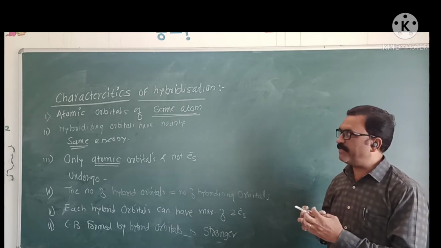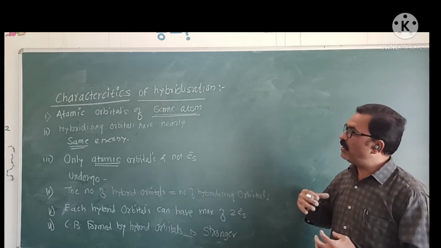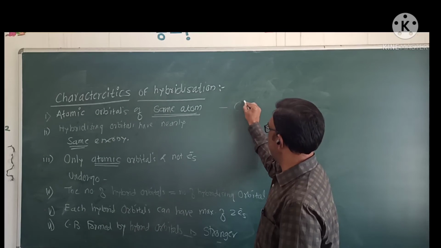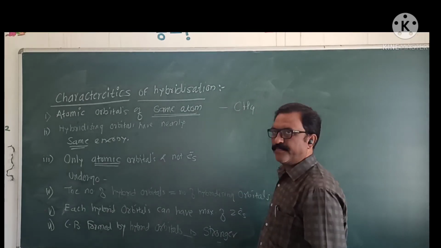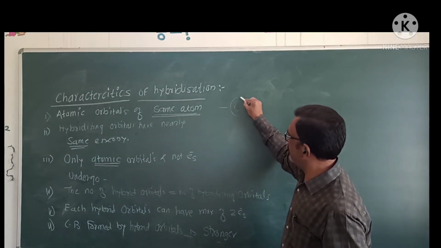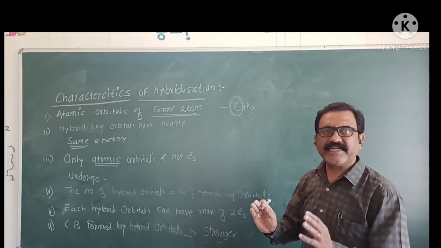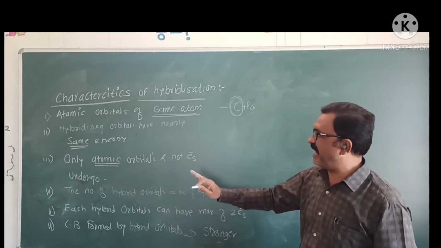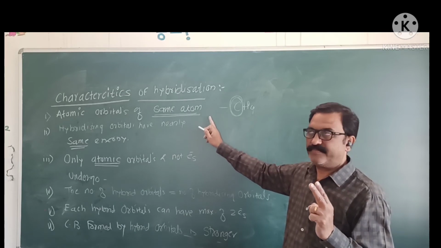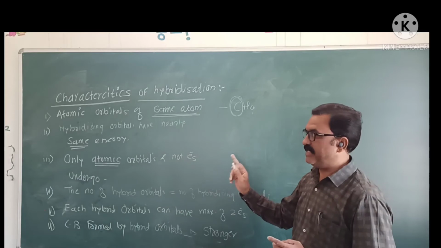For example, during formation of the methane molecule CH4, the 2s and 2p orbitals of the same carbon atom undergo hybridization. That is, hybridization takes place on a single atom, which is an important characteristic.